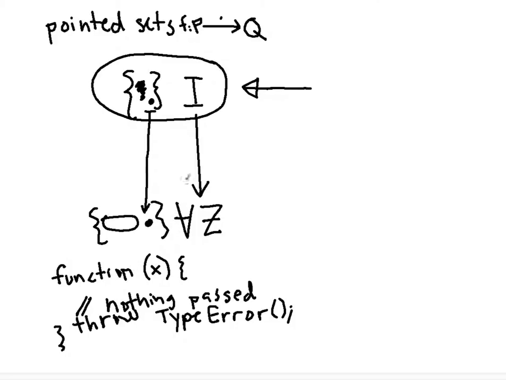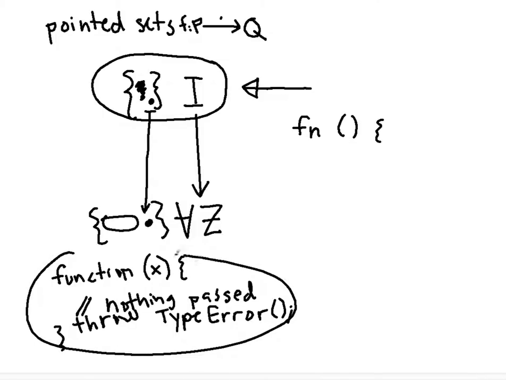Well, we could do it this way. If we said function with nothing, and then we didn't pass anything to this, because what would we invoke it on? Then we could go on, but we'd still be able to return a value.